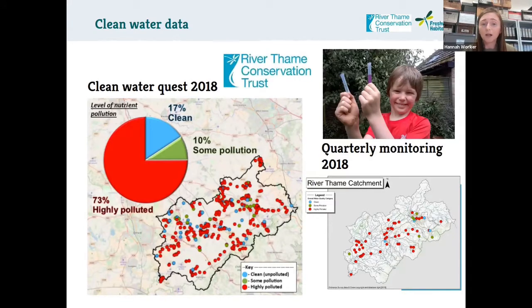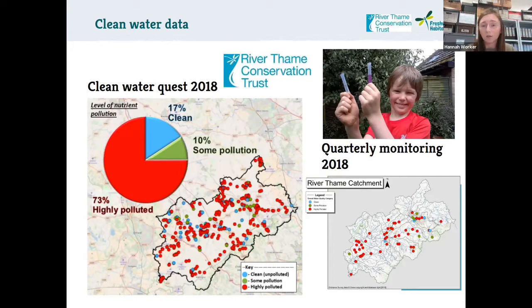Lastly, you can also bring in supplementary data. We didn't actually include this in the analysis for the Thame Catchment, but it's something you could look to bring in. Where you've got clean water data, because so many of these species of conservation concern really do require cleaner, low nutrient water.